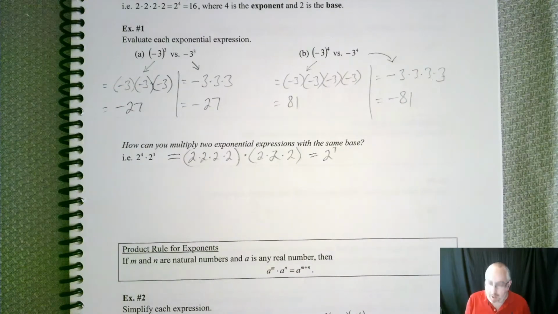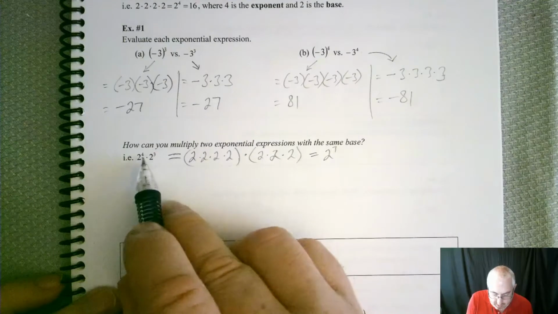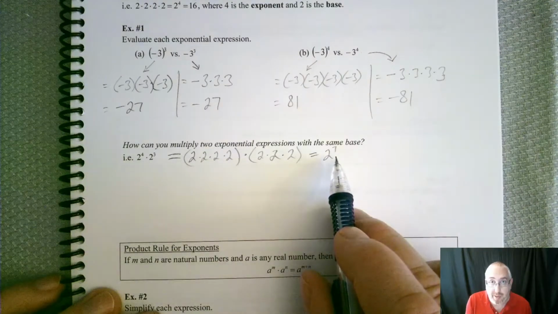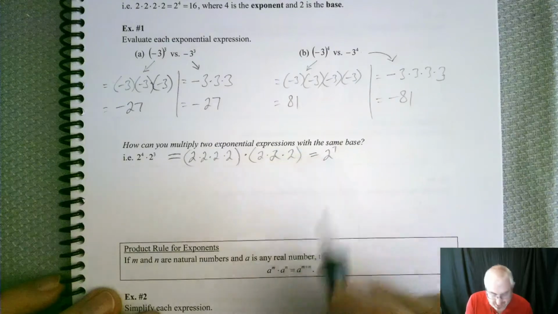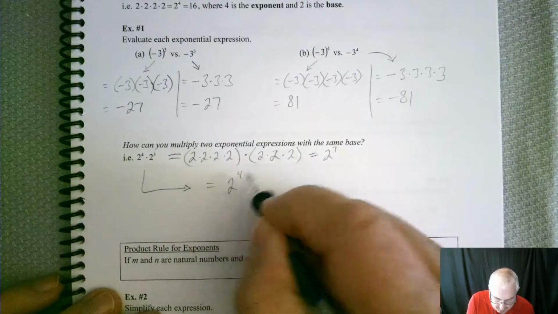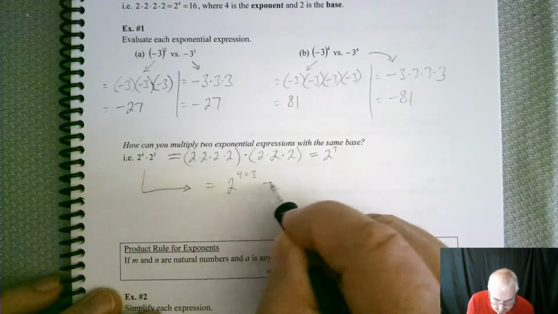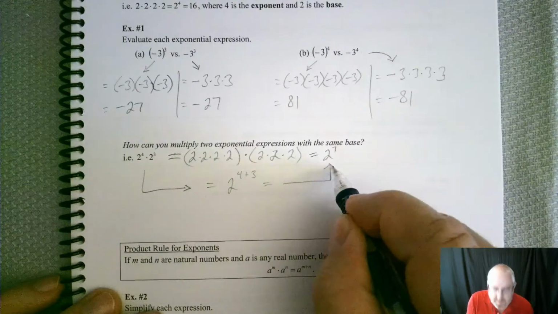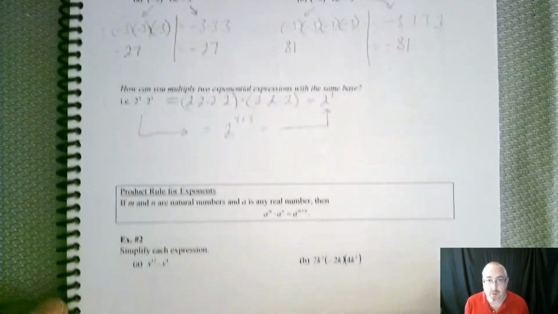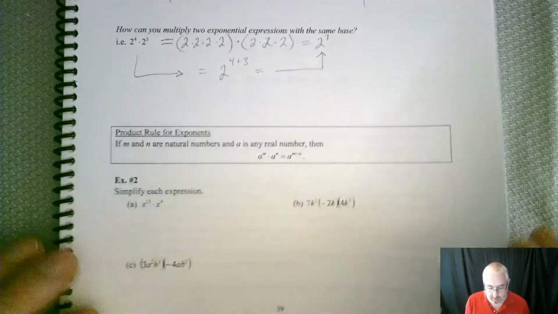So what's the shortcut? The shortcut is look at the exponents, what we started with, and compare it to what we're ending with. What's the trick? The trick is to add. So if you add those exponents together, that will get you to your answer quicker. So that's the first rule that we're going to look at.